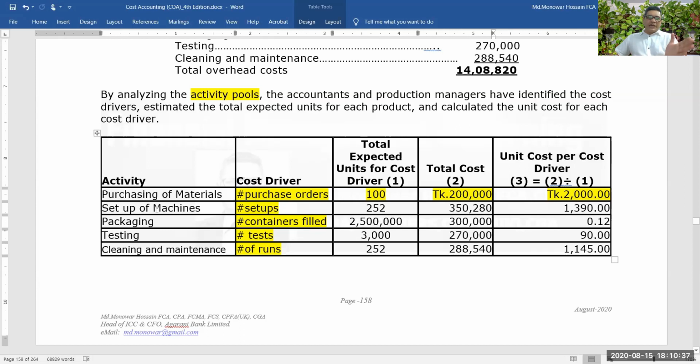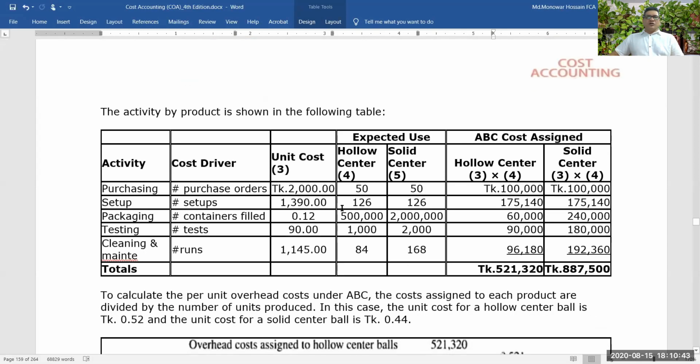So we have to calculate all activities here. Rate would be the same, different rate. So activity purchasing, cost driver purchase order, unit cost 2000 we given here, and two products, solid and hollow.